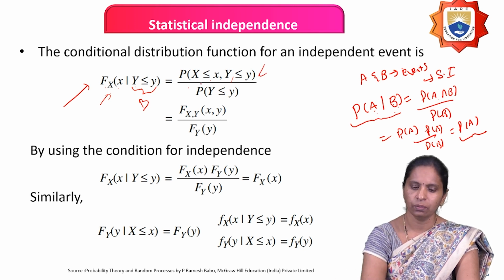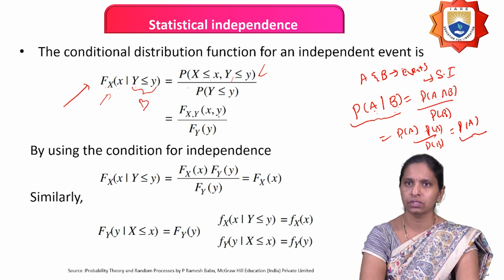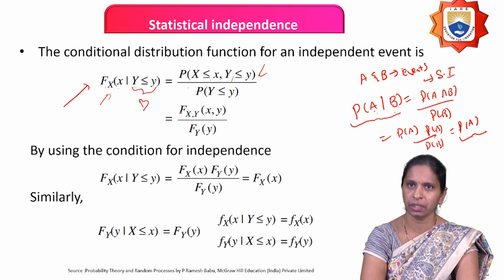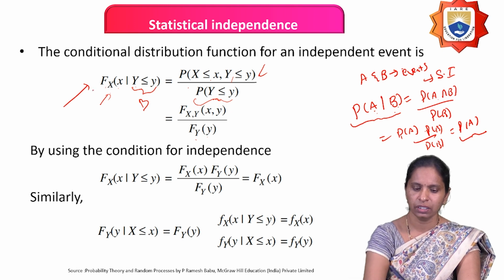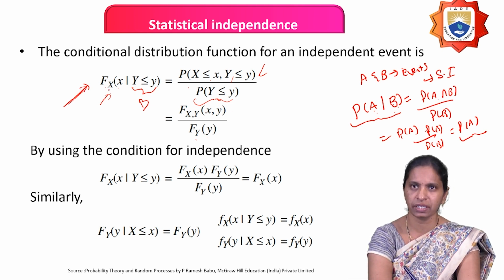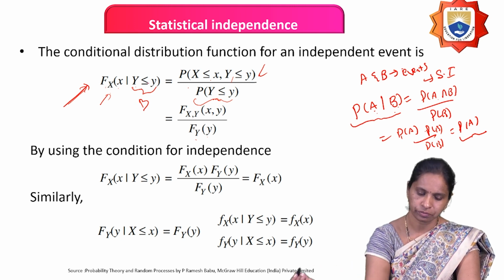Then what is the probability of the joint event x less than or equal to x and y less than or equal to y? That is nothing but the joint distribution function, Fxy of x comma y, by the probability of the event that the random variable y takes values less than or equal to y. That is nothing but Fy of y. So therefore, this is the conditional distribution function of the random variable x, where the conditioning event has been defined on the random variable y such that the conditioning event B is y less than or equal to y.